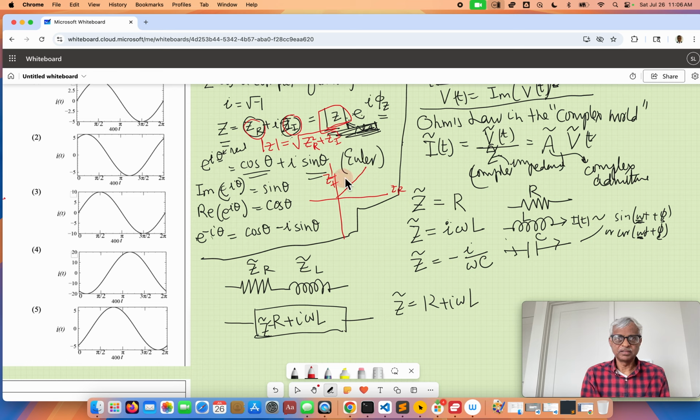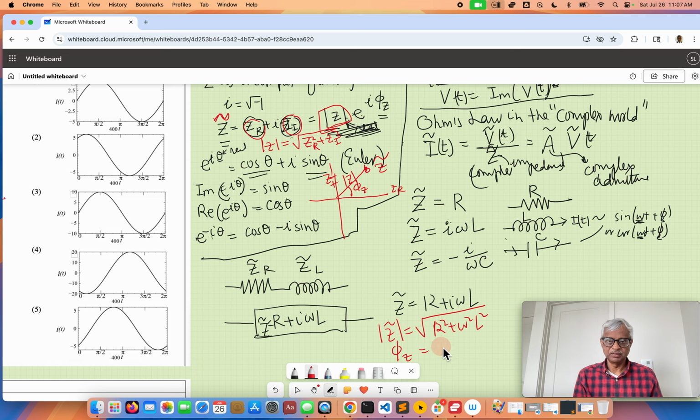And this is like a polar representation. And this is the phi Z. And that's where the Z complex is. So I should have actually called this Z complex here, just to be consistent with the notation. So over here, Z tilde will simply be the square root of R square plus omega square L square, and phi Z will simply be arctan inverse of omega L over R.